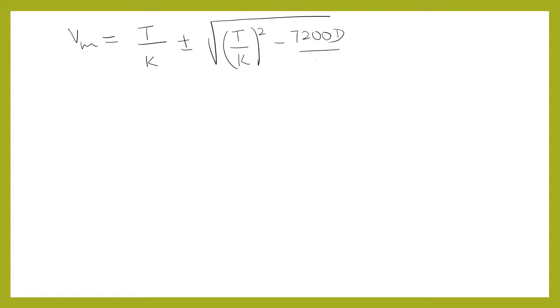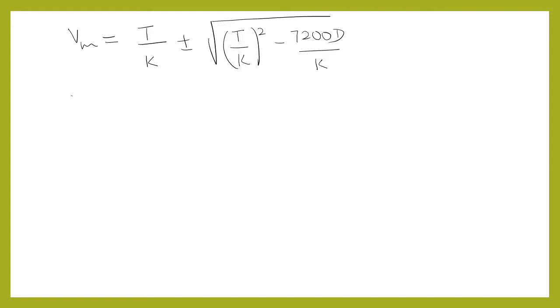So we get the equation for Vm as t by k plus or minus square root of t by k square minus 7200 D by k, where k is 1 by alpha plus 1 by beta.